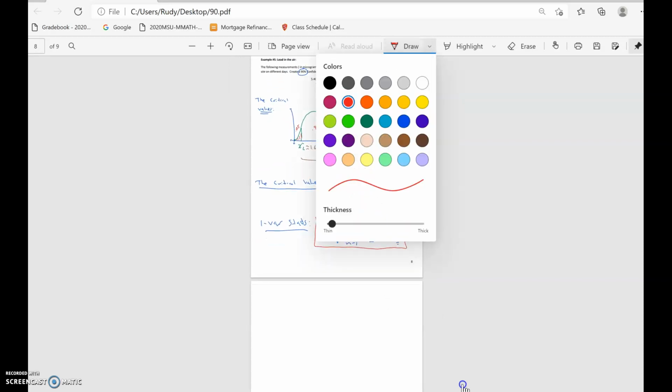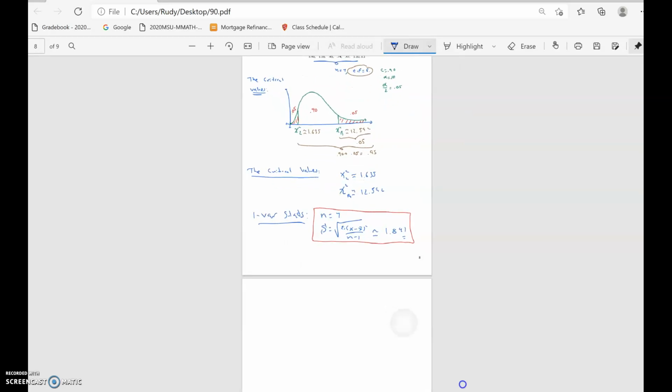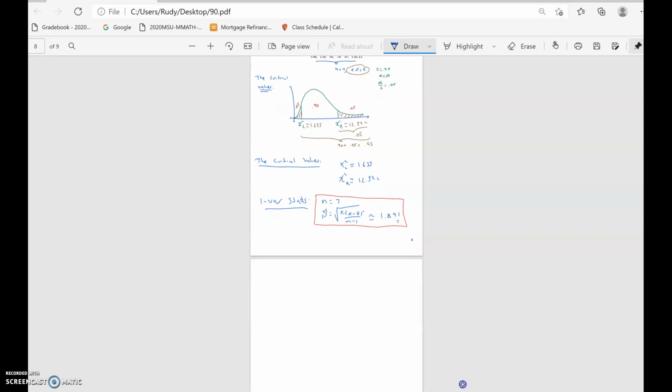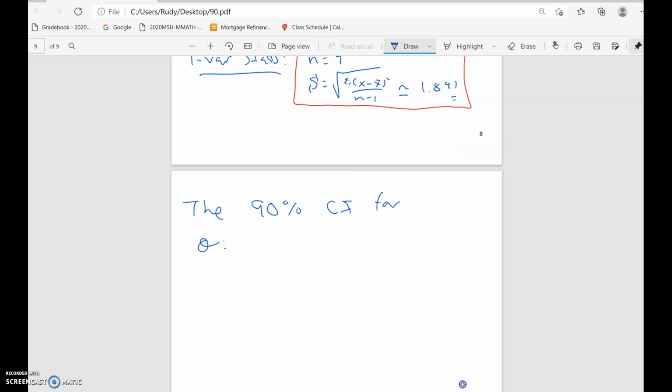In this case, they only want a confidence interval for the standard deviation. So the 90% CI for sigma is going to be bounded by the following.